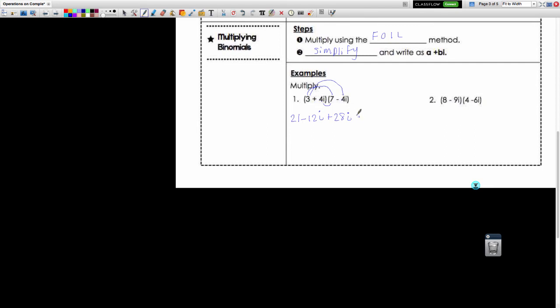So 4 times negative 4 is negative 16, and then i times i is a negative 1. So this is actually plus 16. And then you simplify. 21 plus 16 is 37. Negative 12i plus 28i is a positive 16i.